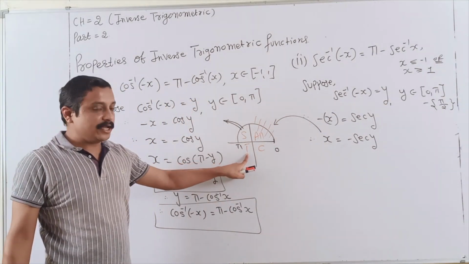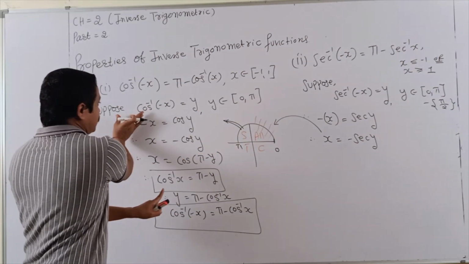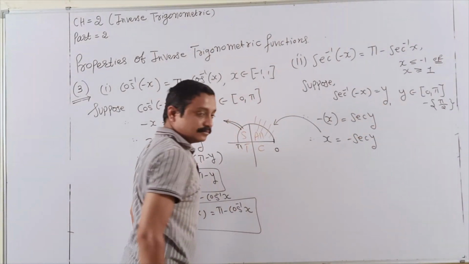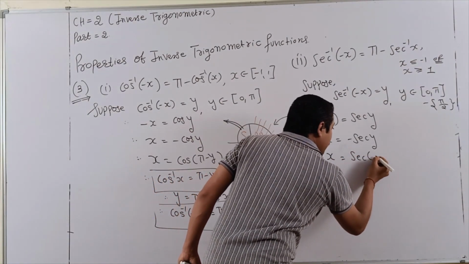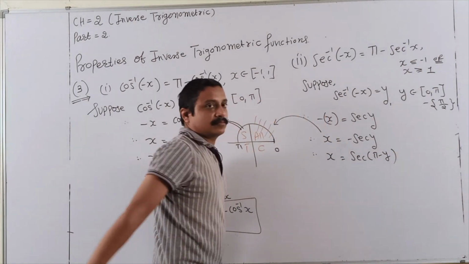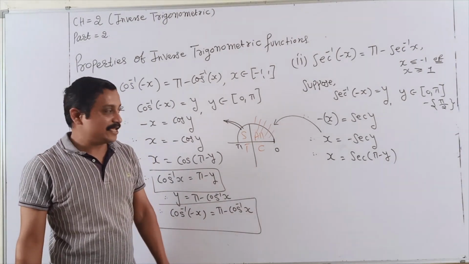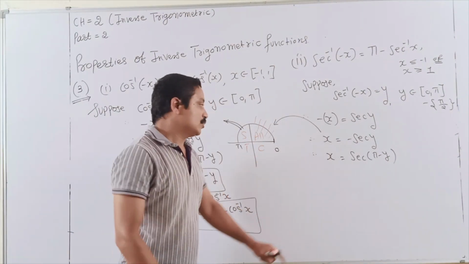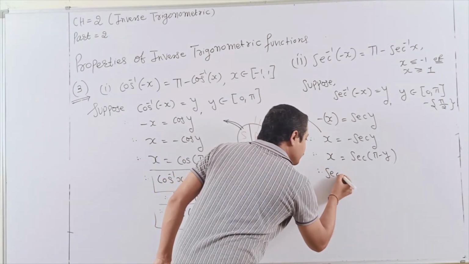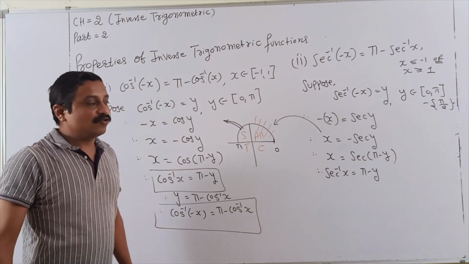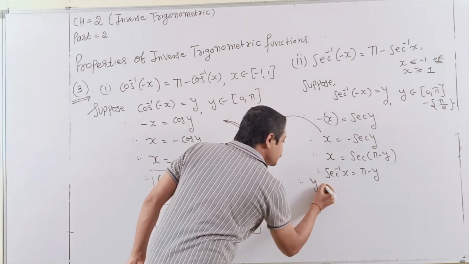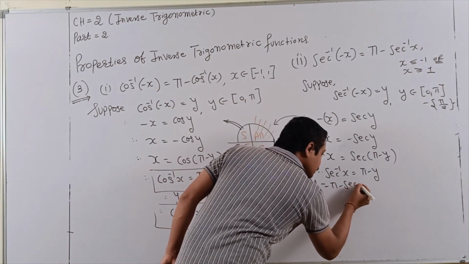So students, this drawing is commonly used for this numerical and that one. So I just write down sec of pi minus y in the second quadrant. Yes. So what is the sec inverse x? It is pi minus y. Finally done here: y is equal to pi minus sec inverse x.